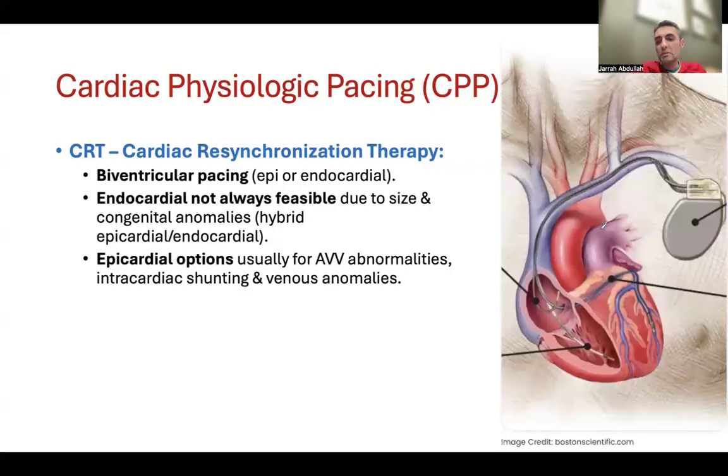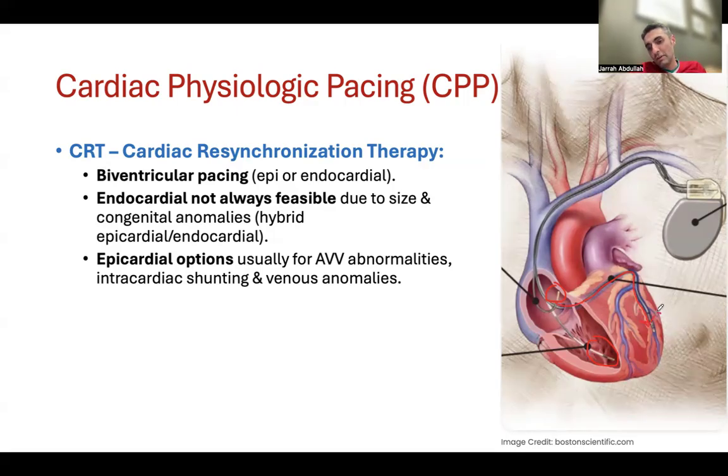Okay, so this is a cartoon showing a transvenous implant. There is a right atrial lead, a right ventricular lead, and a lead that goes through the coronary sinus into epicardial branches of the coronary sinus that can pace the left ventricle.